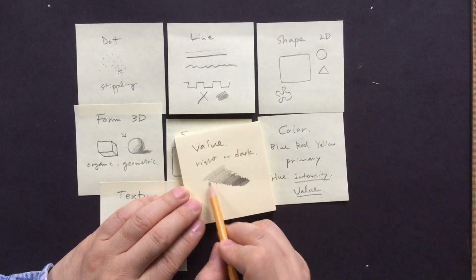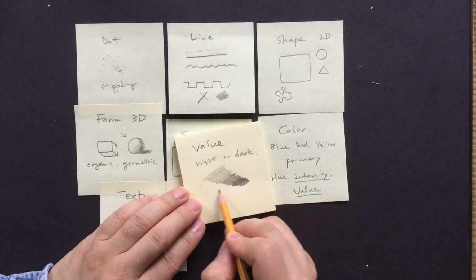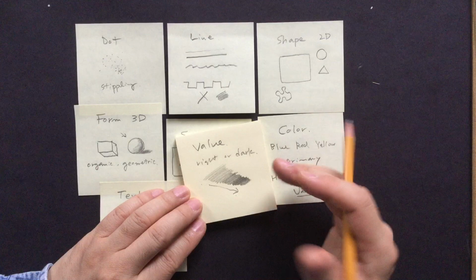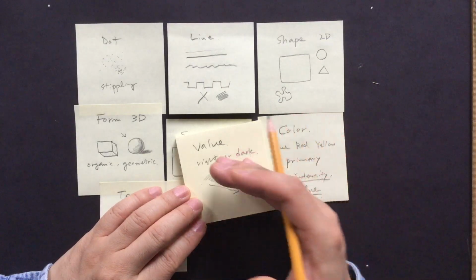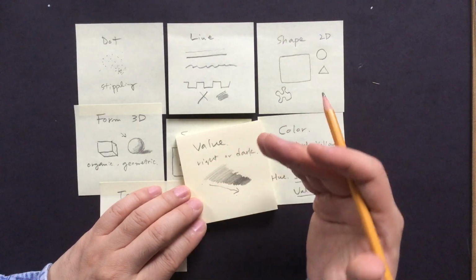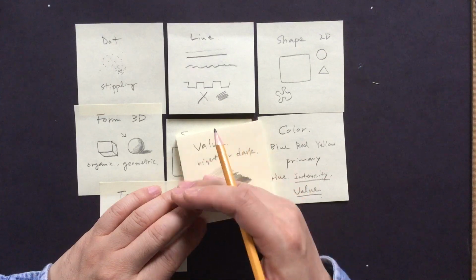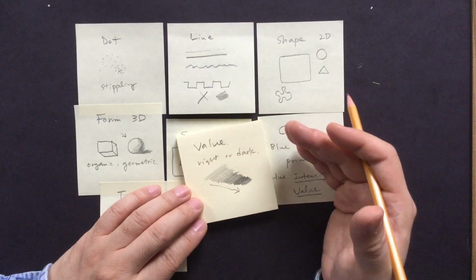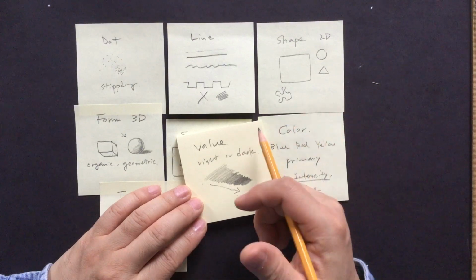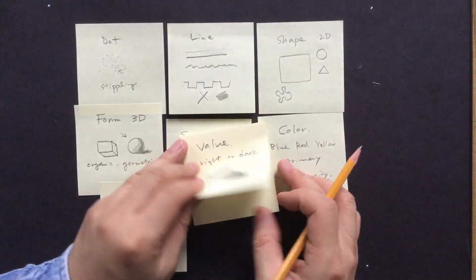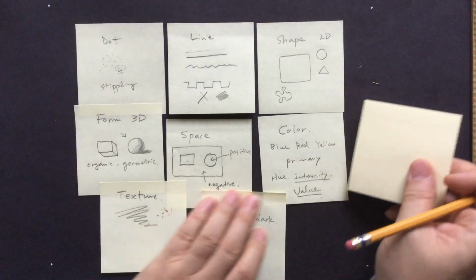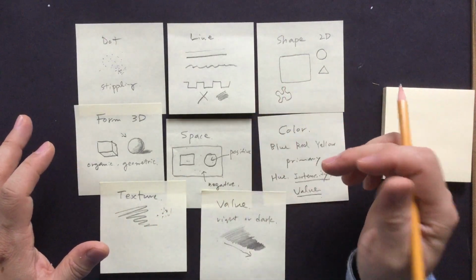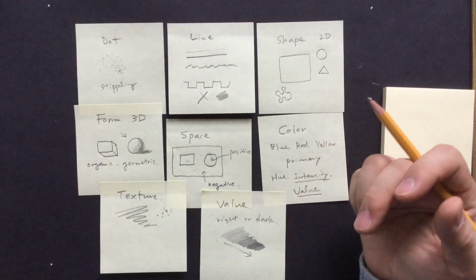Then I just create a value change from light to dark. Whenever you have a color, if you add white, it's a tinting process, it gets lighter. If you start mixing it with black, it gets darker. We call that shade. Okay, so these are the items: dot, line, shape, form, space, color, texture, and value.